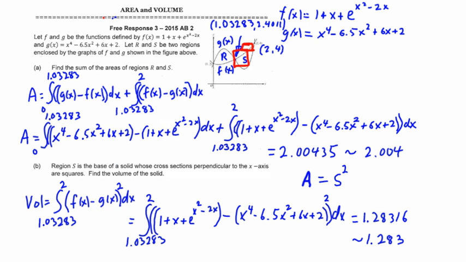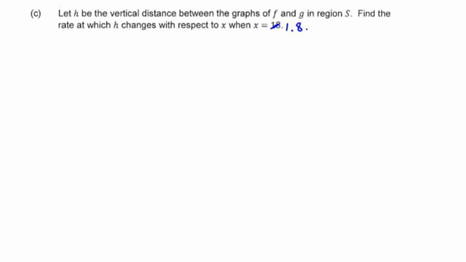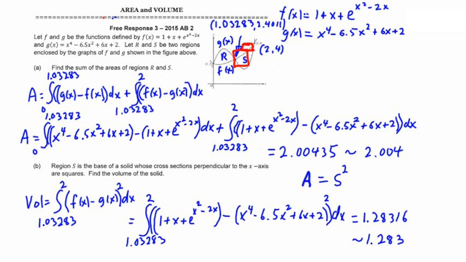Let h be the vertical distance between the graphs of f and g in region S. Find the rate at which h changes with respect to x when x equals 1.8. And so here we have region S going back here, so let's sketch what that looks like.